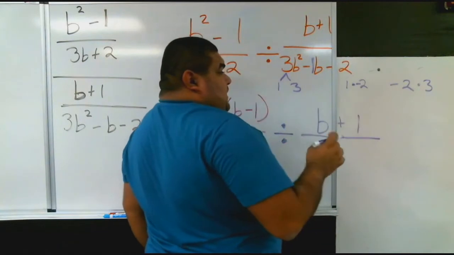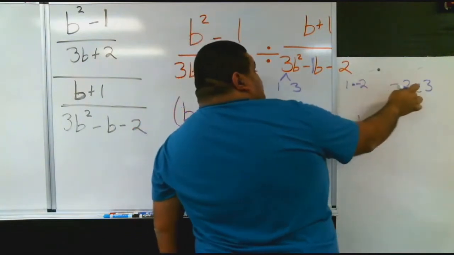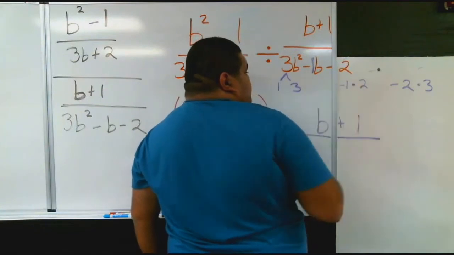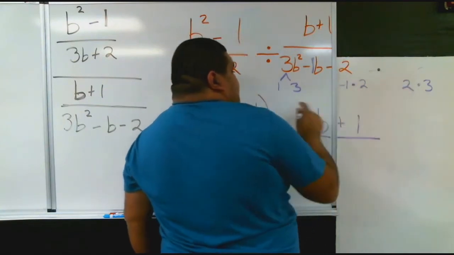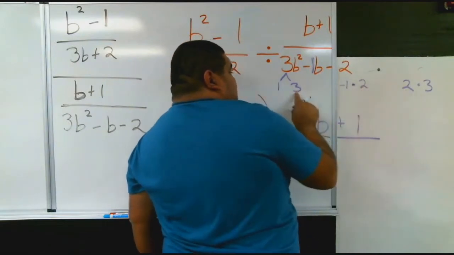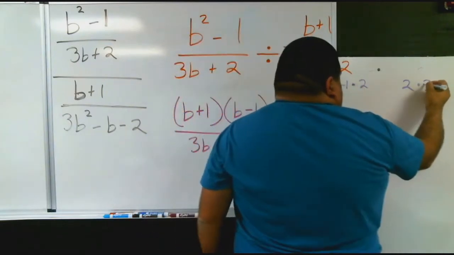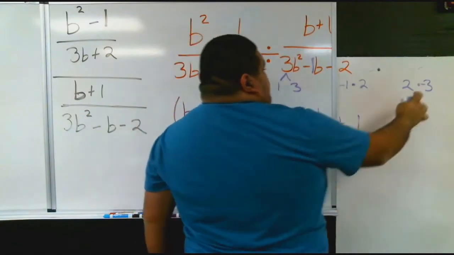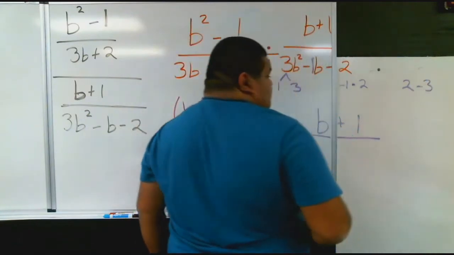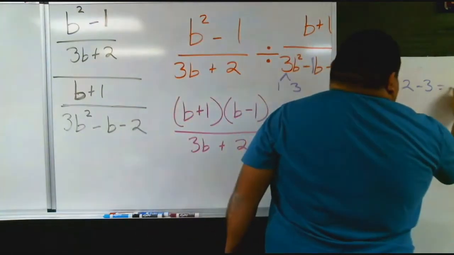Notice that in this case it didn't really work out with the biggest one being negative, so now we're going to try the small one. Now 1 times 2 is 2, and 3 times negative 1 is negative 3. So we have 2 minus 3, which is negative 1.